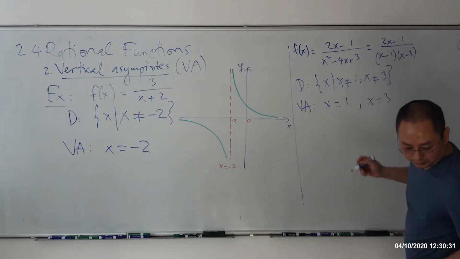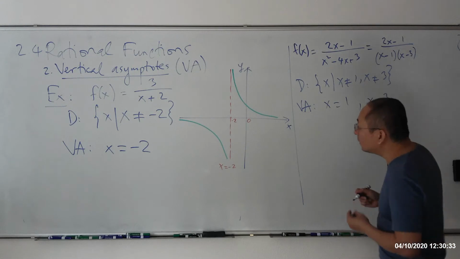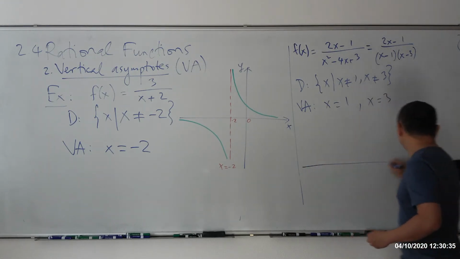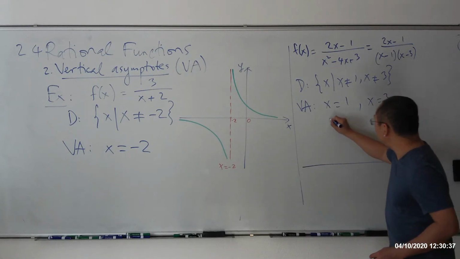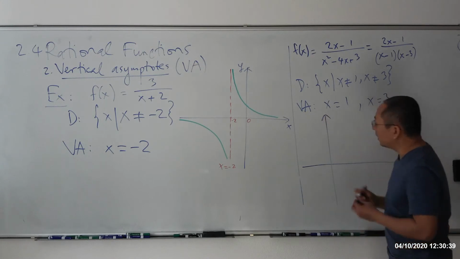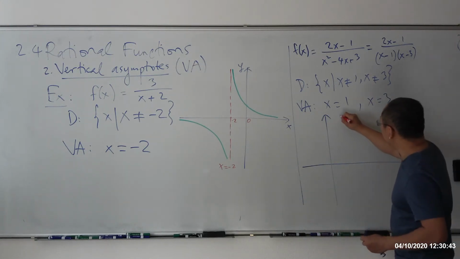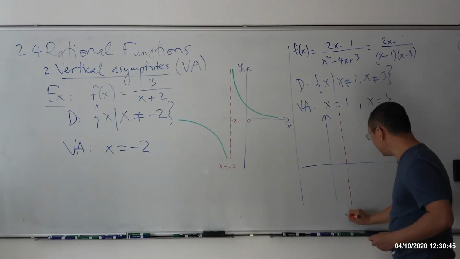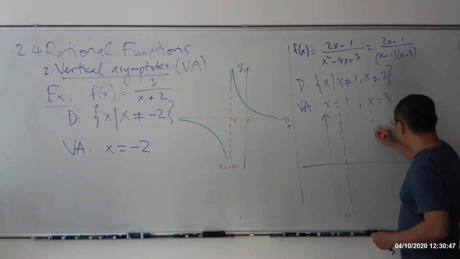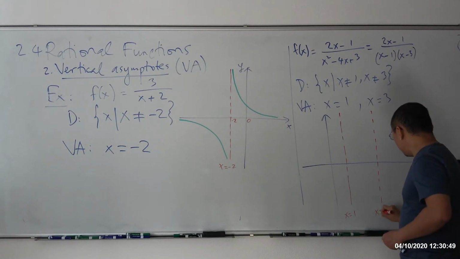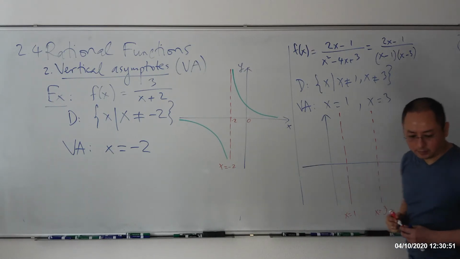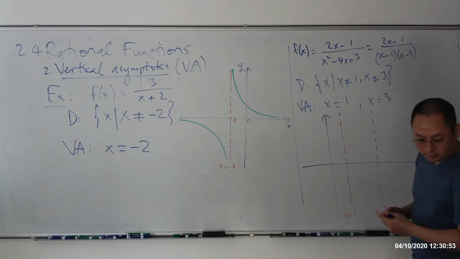Let me show it to you. This is the x-axis. This is the y-axis. I use red color for the two vertical asymptotes. I got two of those. This is x equal to 1. Another one right here, x equal to 3. And the graph looks like this.